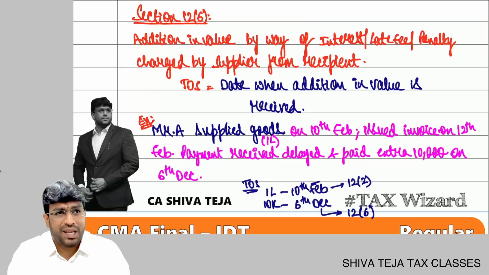Don't expect a separate question like that. How you get in CMA Inter. In CMA Inter, separate small questions will come in exam. But final level, they combine the concepts and give.